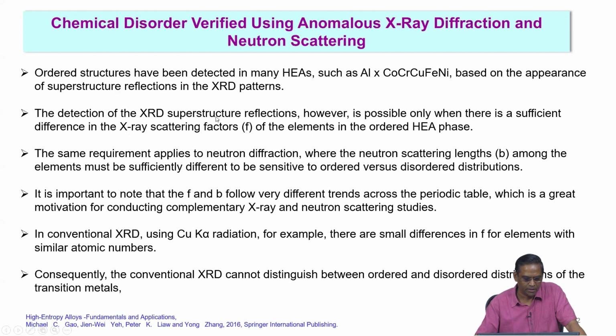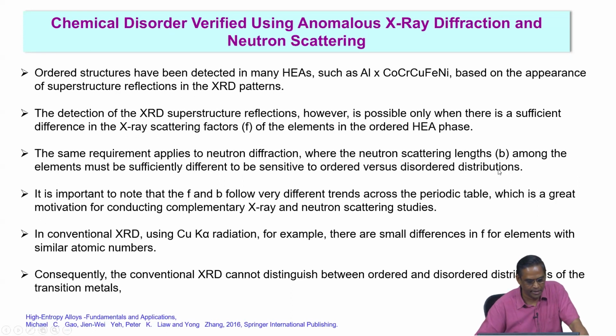The detection of XRD superstructure reflections, however, is possible only when there is a sufficient difference in X-ray scattering factors, F, the structure factor or atomic scattering factor, of elements in the ordered high entropy phase. The same requirement applies to neutron diffraction, where the neutron scattering lengths, B, among the elements must be sufficiently different to be sensitive to ordered versus disordered distribution.